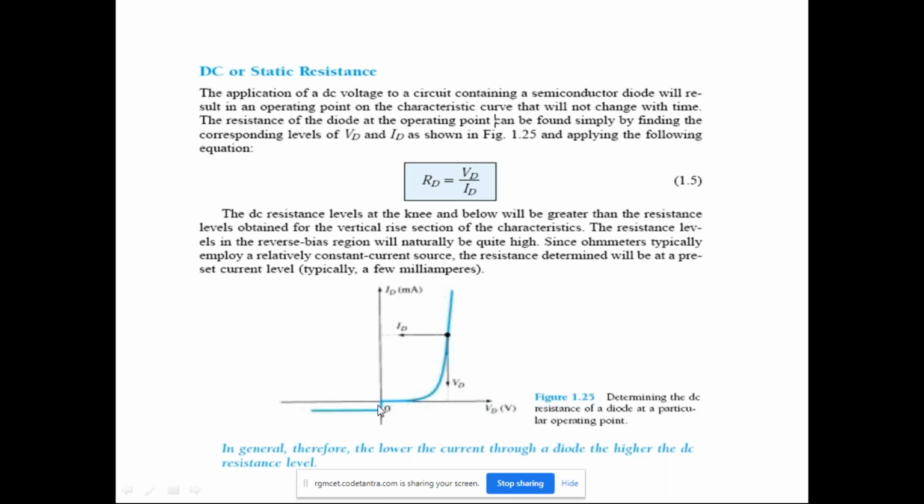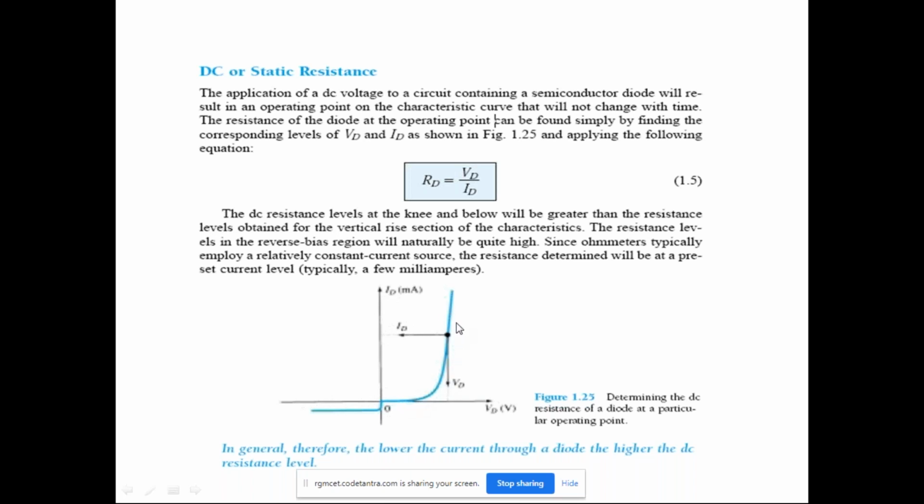In reverse bias, the current in the ideal case is 0, so the resistance is infinite; practically, it is very high. Mainly we concentrate on forward characteristics. After some cut-in voltage, current exponentially increases.